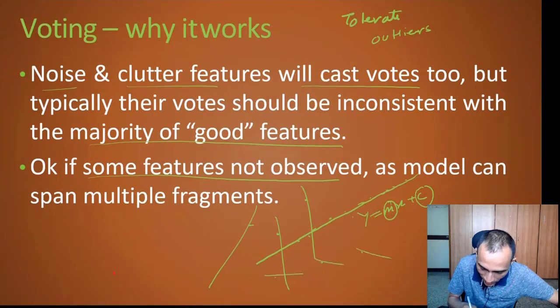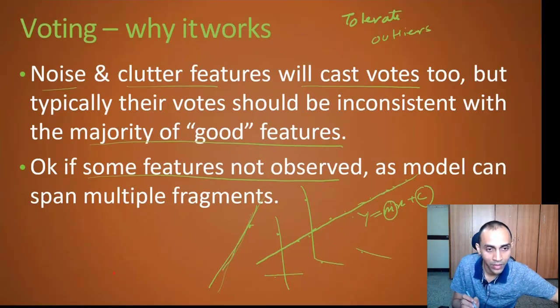For a random line like this, there is only one point giving one vote. None of the other points may vote for this line. So the random points may also cast votes, but their votes go to random things, and it is very unlikely that all the outliers are going to cast a vote for a particular random line. So I hope that point is clear.